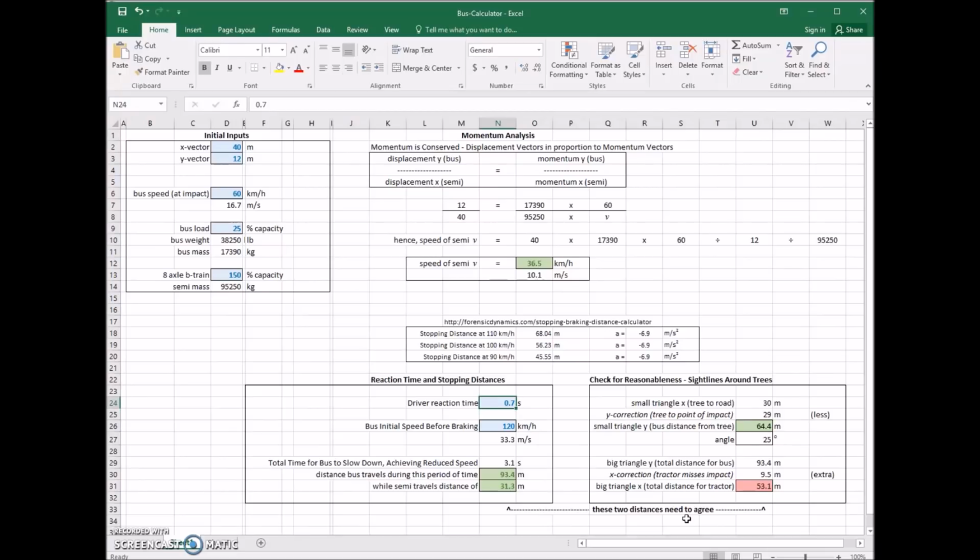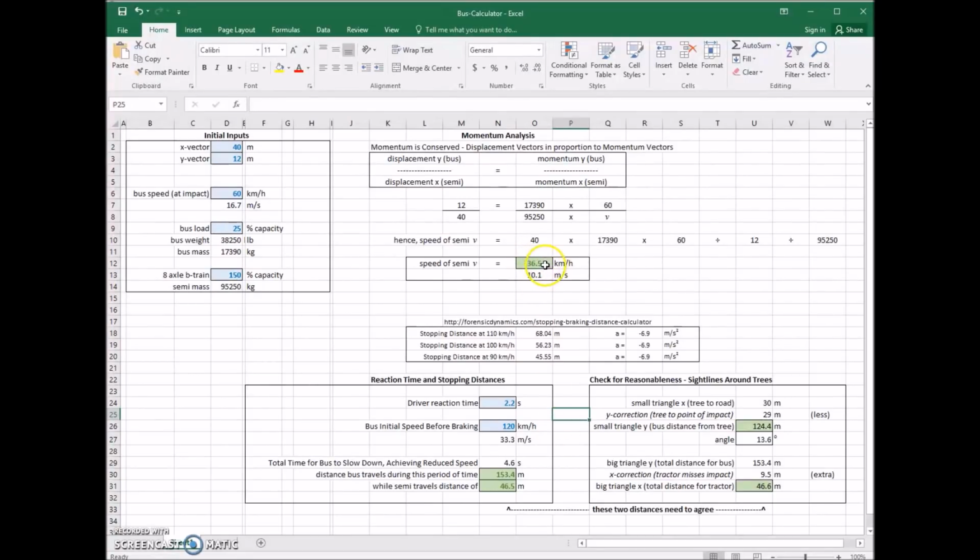Let's work with the driver reaction time. Whoops, 1.9 seconds. It's getting close, 2 seconds. 2.1, let's do 2.2. Wow, okay, I've got it to agree. 46.5, 46.